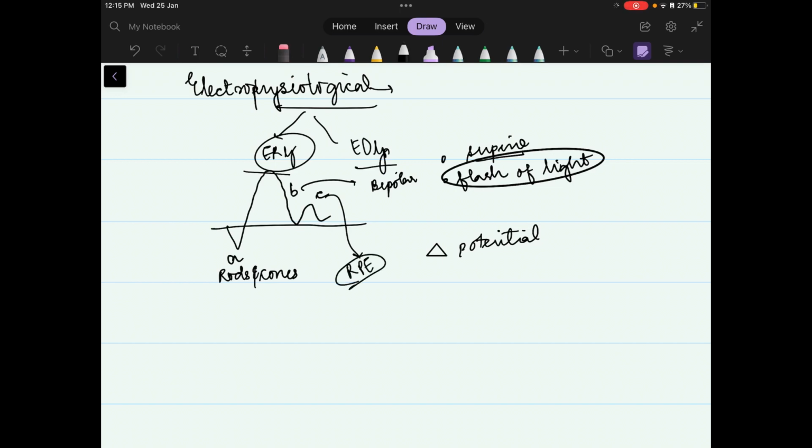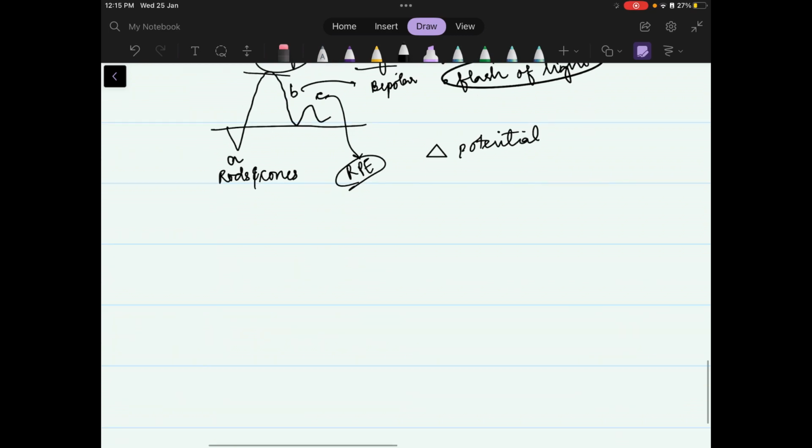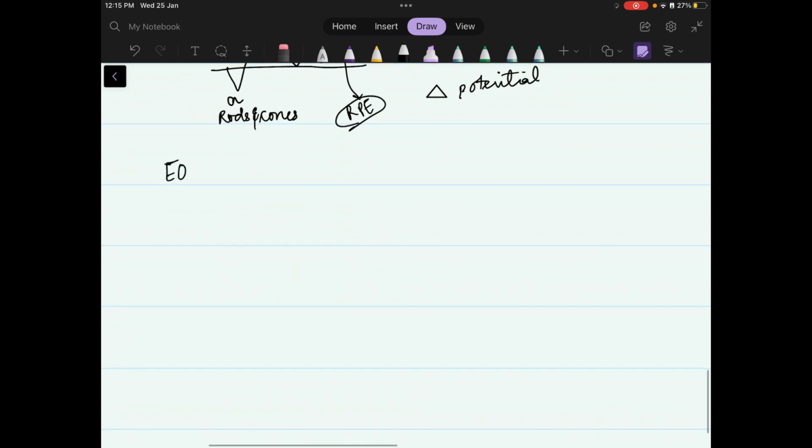So there is degeneration, and there will be decreased or subnormal potential seen in ERG in retinitis pigmentosa. In EOG, the electrooculogram, we check the difference in the resting potential, so it will also be subnormal.